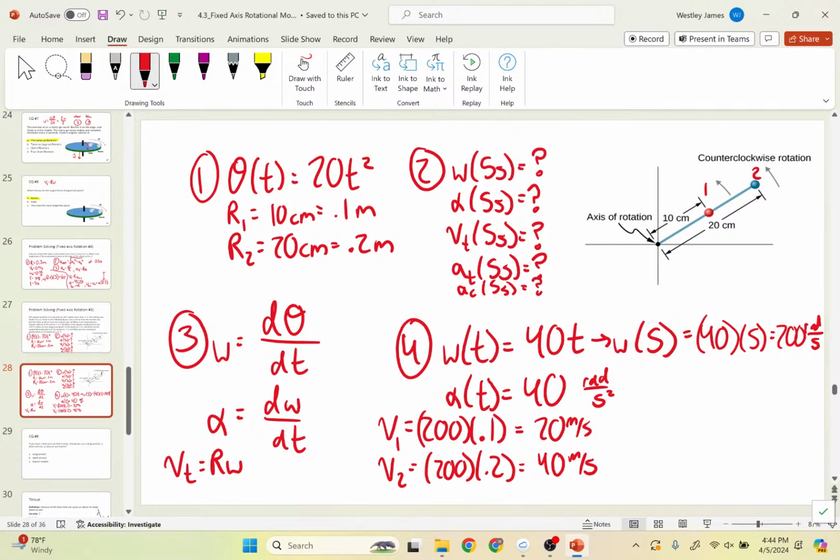So yeah, I'm not going to do too much more here. If you want the acceleration, again, fairly straightforward. You just take the radius and multiply it by the angular acceleration. If you want centripetal acceleration, that is just going to use the same equation that we've been using this entire time. Nothing fancy there. I just need to give myself room.